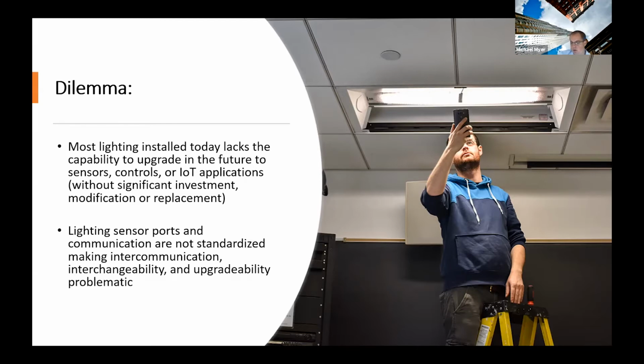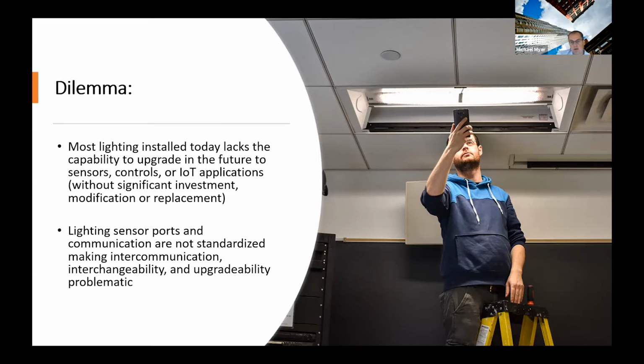If you wanted to use one control manufacturer and then that manufacturer was replaced in the project for cost or other reasons, you may have to make sure that light fixture can support that sensor manufacturer physically, electrically, and data-wise. As a result, that makes some projects hard. It definitely limits the ability to use lighting controls on projects.